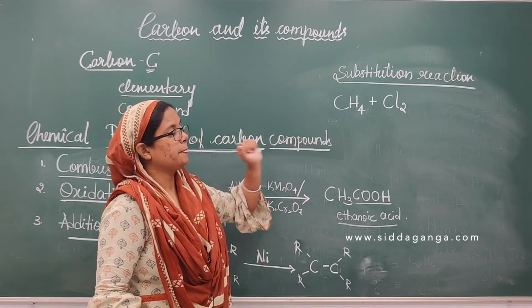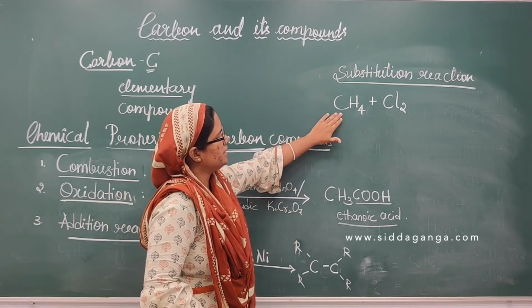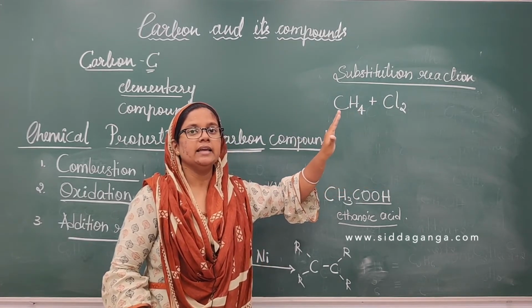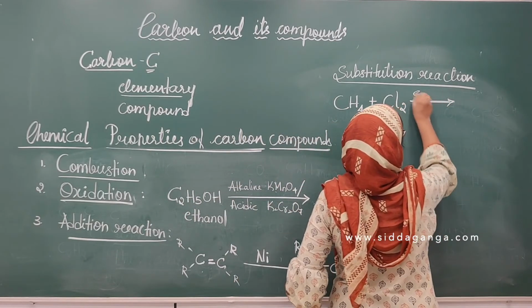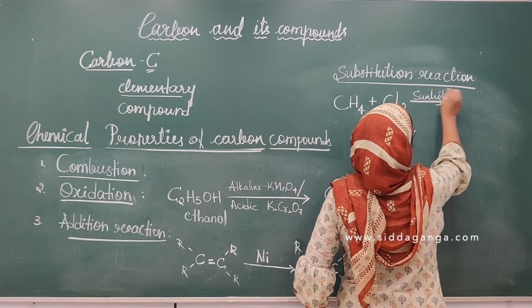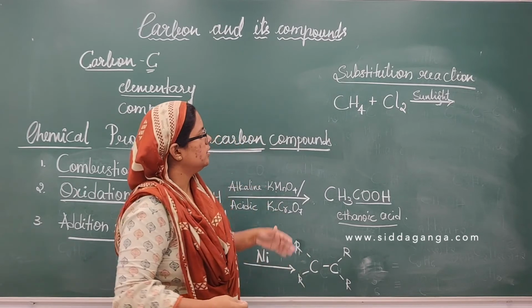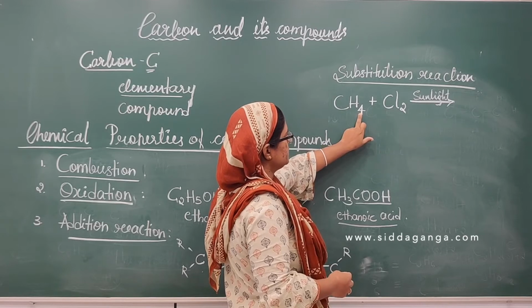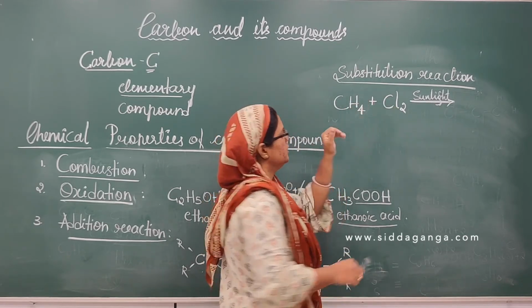But here, if we apply some conditions, when methane is reacted with chlorine in the presence of sunlight, this reaction will happen so fast. What will happen here? These hydrogen atoms will be substituted by chlorine atoms.